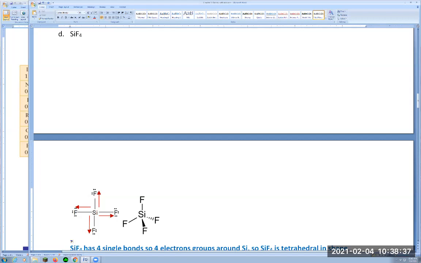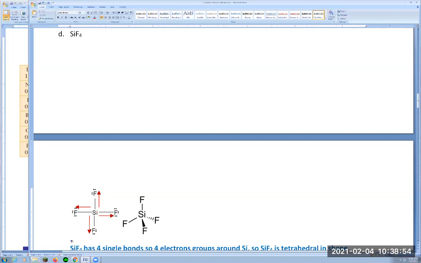And that means they are all equidistant. They are all as far away from each other as possible, with the same distance, because the bond angles are all the same, 109.5. And so it's a symmetrical structure.